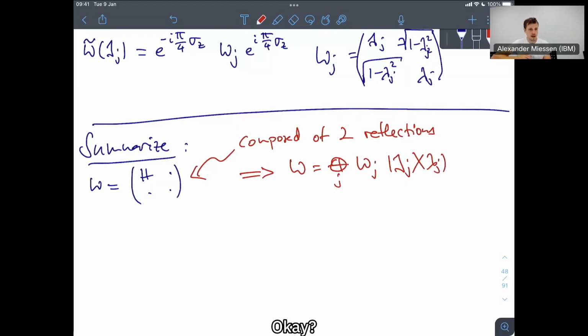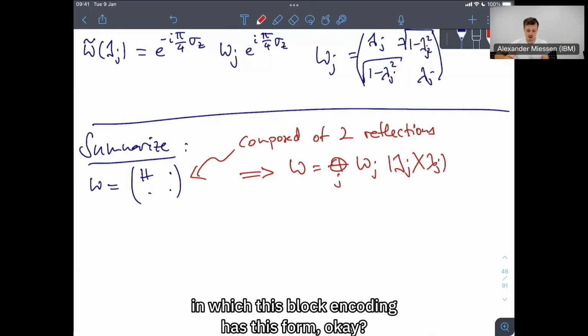Of course, we don't have to do this by hand for every eigenvalue. It's enough that we know if we have such a block encoding, there exists a basis in which this block encoding has this form.